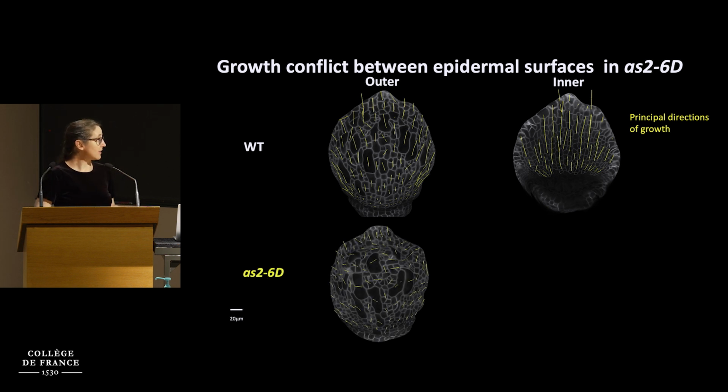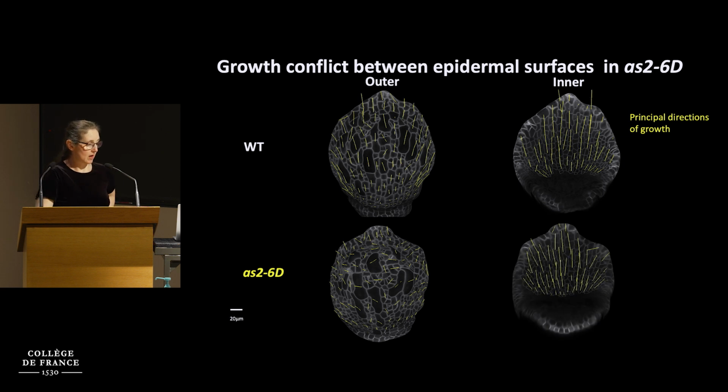If we look at the AS2, now the outside is growing at various odd angles and particularly way too wide. You can see a lot of these cells are growing in width instead of growing upward. But the inside is growing up mostly. And so there we're getting a ton of growth conflict between the inside and the outside.